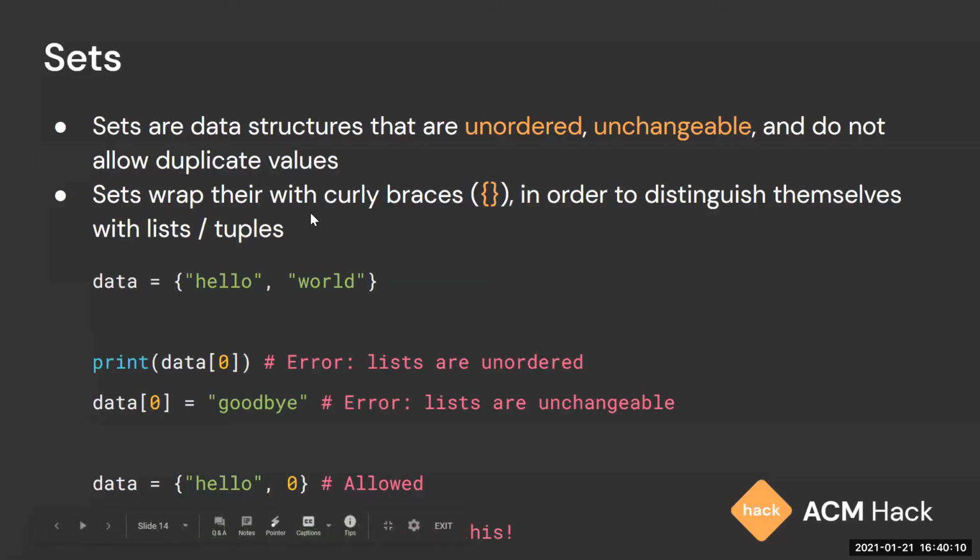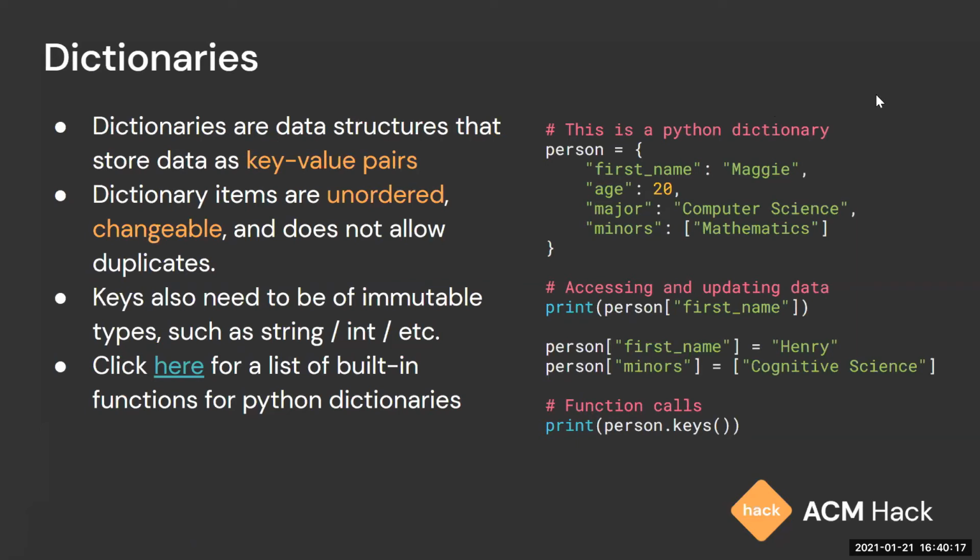And one of the last built-in data structures for Python is called dictionaries. So dictionaries are pretty similar to sets, but they're unordered and changeable, and each entry is a key value pair.